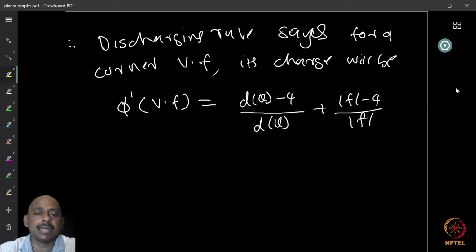So this is the only other charge the corner is going to get, and therefore the charge of the corner is going to be this value. So for every corner, you see what is the charge that it has. Of course, what happened to the vertices' charge? It has all disappeared. It has given away its charge, whether positive or negative, equally to its corners. Similarly, all the faces have given away their charges. So the faces and vertices now have zero charge.